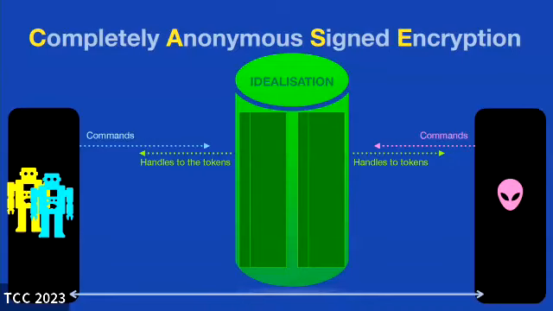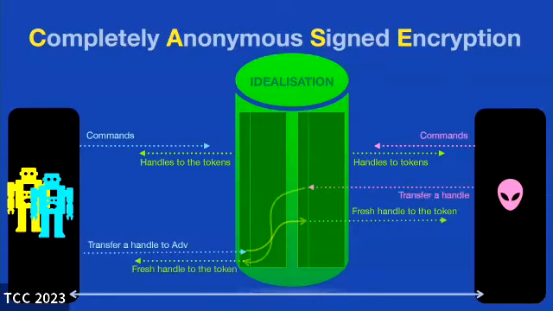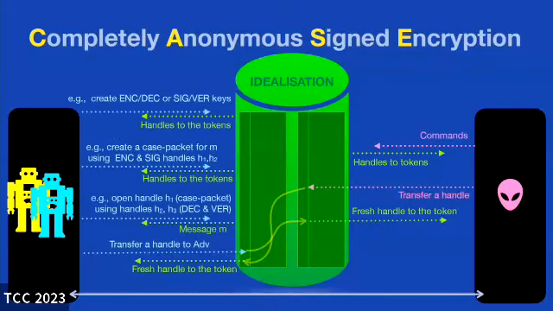Similarly, the adversary can also create these objects, get handles, and they could also transfer their handles to each other. So the honest users can transfer some handles in their views to the adversary, and vice versa. And they can also talk to each other freely outside of this interaction with the trusted party. That's what you would expect as an idealized world for authenticated encryption.